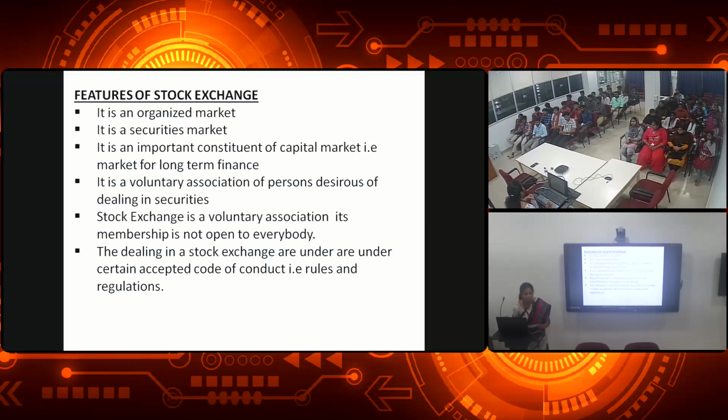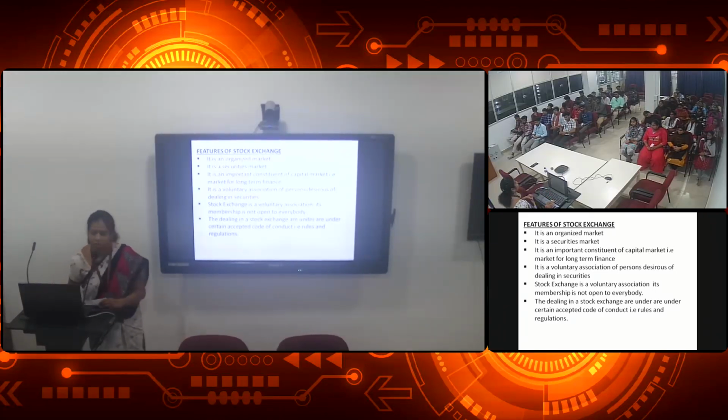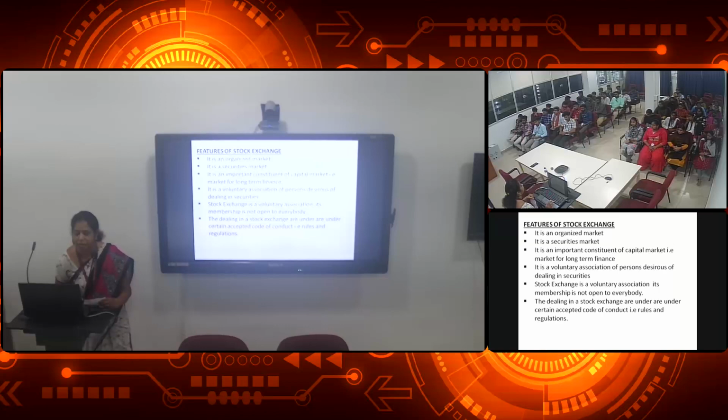It is an organized market. I think now you understand what an organized market and an unorganized market are, isn't it? Organized market means everything is controlled by the government, and unorganized sector means there are no rules and regulations. The features of the stock exchange are: it is an organized market, it is a security market, and it is an important constituent of the capital market for long term finance.